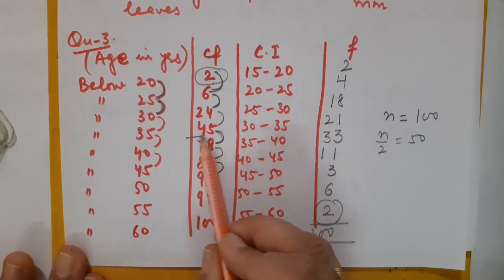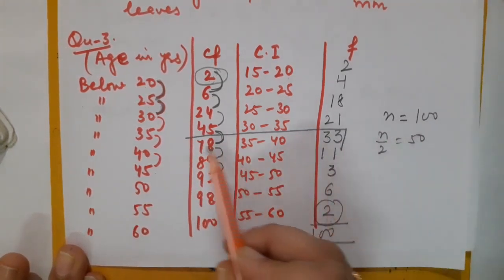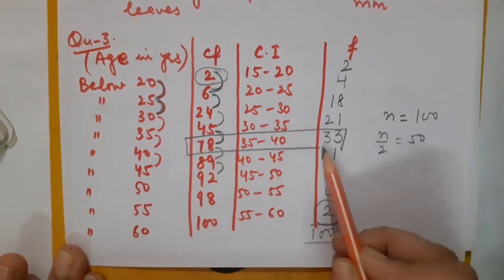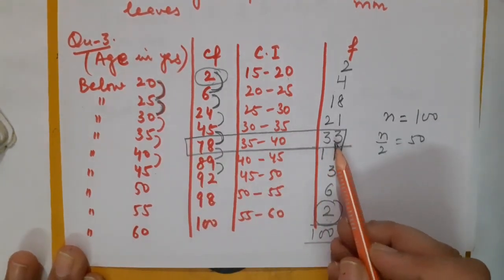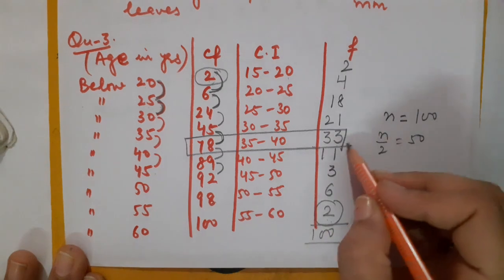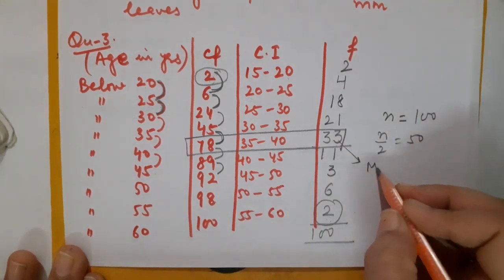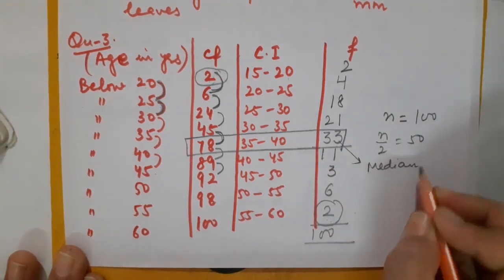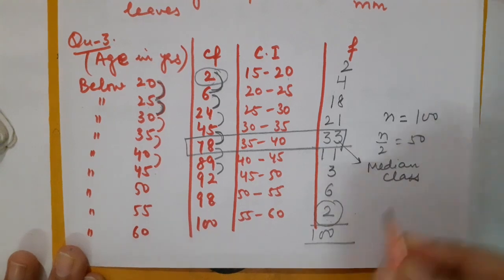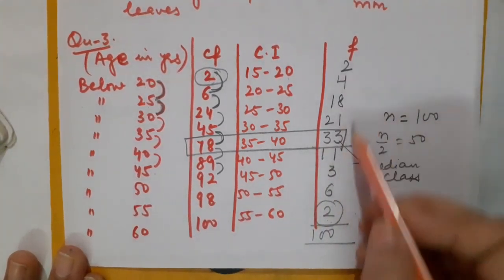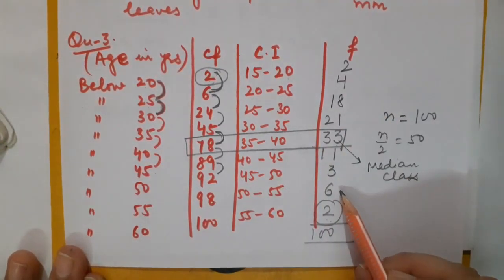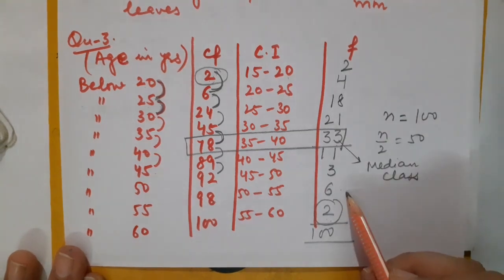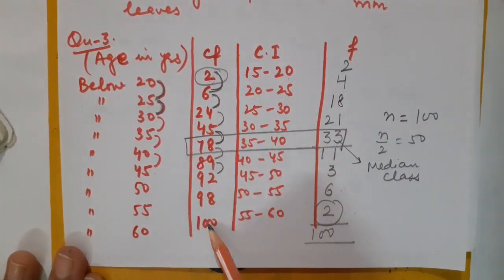So let us make a big box. Children, this will be known as the median class. You can write here, this is the median class. Please do not look for the value greater than 50 in the frequency column, because I am talking about cumulative frequency, which is already given in the question.